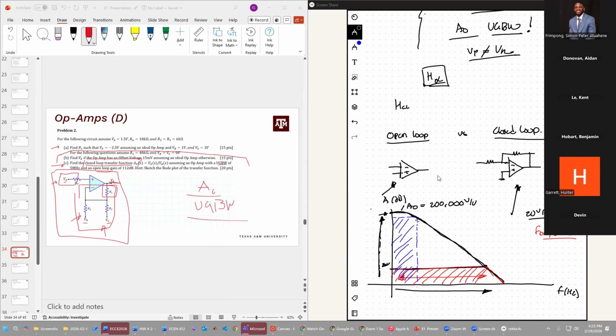And closed loop means you have resistors, say an RF and R1, and you've characterized the closed loop gain. So if we assumed it's an ideal case, this is an inverting circuit, so the output is just going to be this, right?